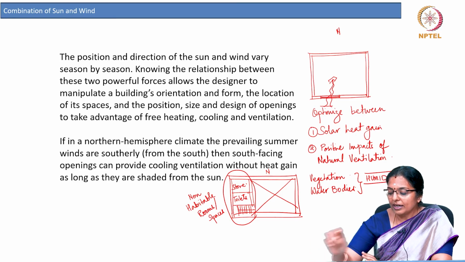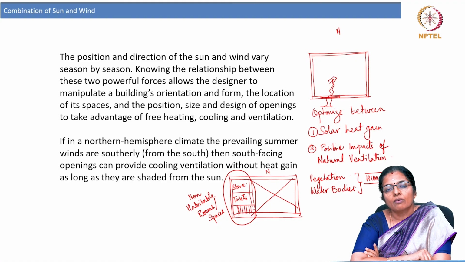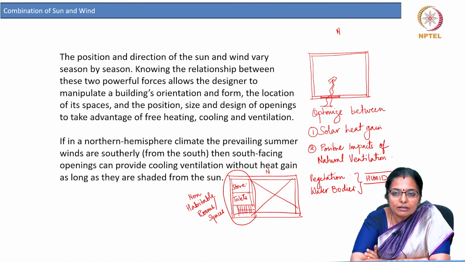So, in today's class, we saw the primary difference between passive techniques and active techniques. Passive techniques are techniques which utilize the forces of nature in order to create a habitable, comfortable indoor environment. They use the forces of nature such as sun and the wind.